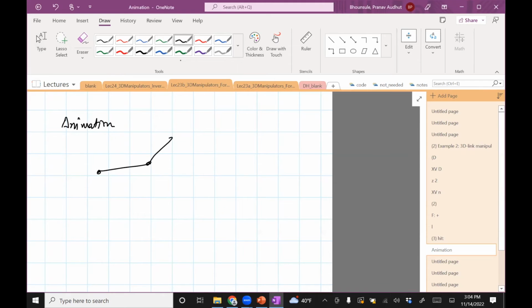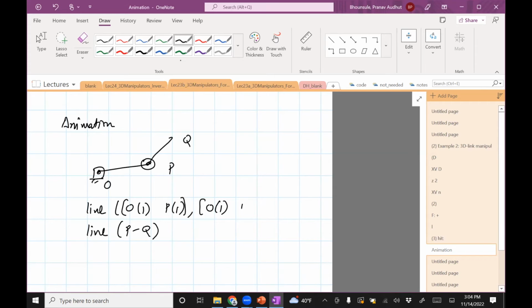So this is a simple example which we did for the 2 link. Let's say that this is O, this is P, this is Q. All you do is you set up a line between O to P, and then a line from P to Q. Now, there is a syntax which I'm ignoring here, but you basically take the x coordinate of O, x coordinate of P, y coordinate of O, y coordinate of P, that will be 2.